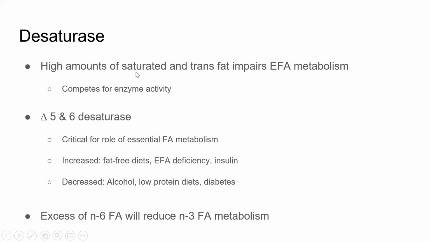That is because as we are trying to process these fatty acids, there's competition to use this enzyme. And so if our diets are overwhelmed by dietary saturated fat and trans fat intake, we're not able to produce other essential fatty acids.